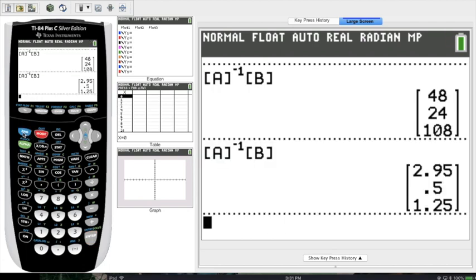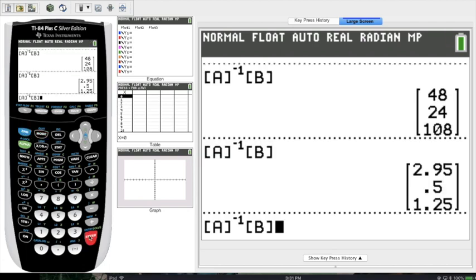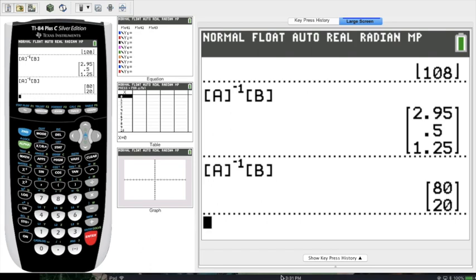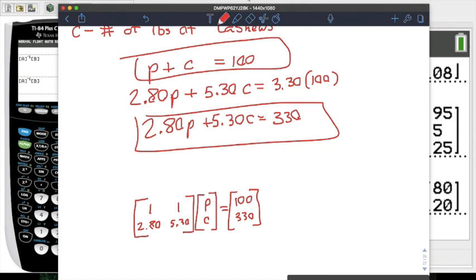Second mode, second enter. Alright, excellent.